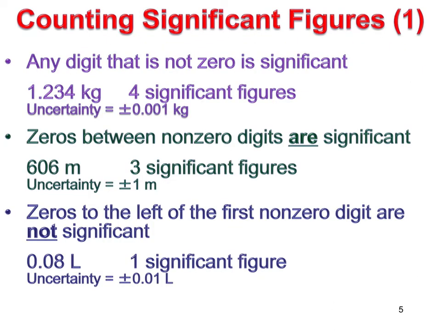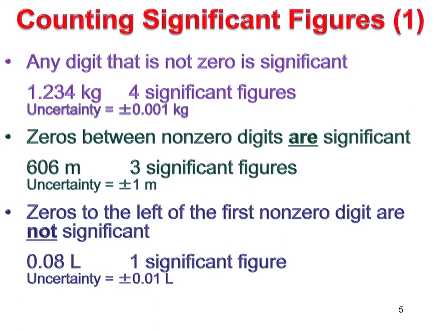Counting significant figures. First, any digit that is not a 0 is considered significant. Second, zeros between non-zero digits are also considered significant. In this example, 606 meters has 3 significant figures with an uncertainty of plus or minus 1 meter.